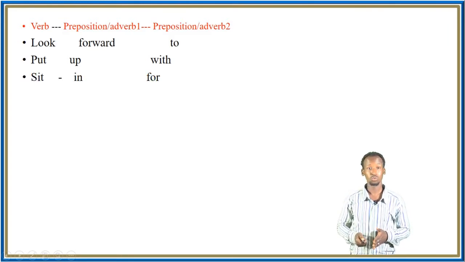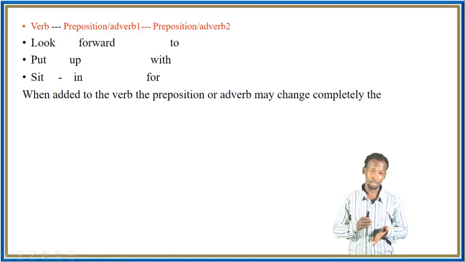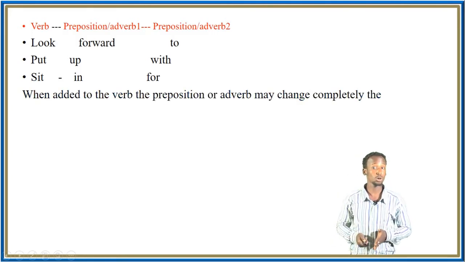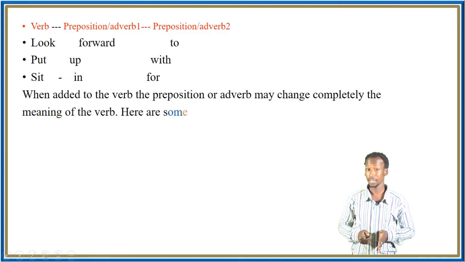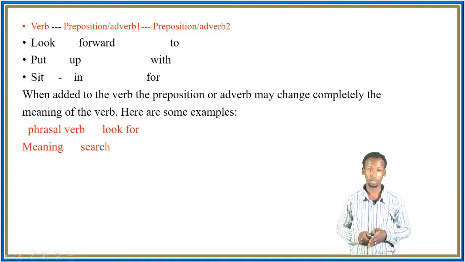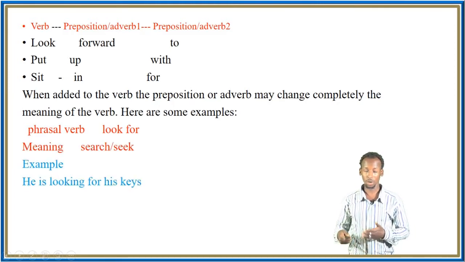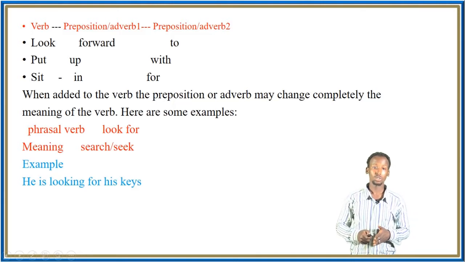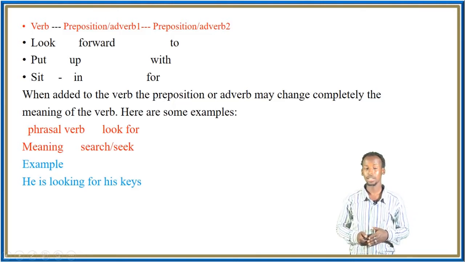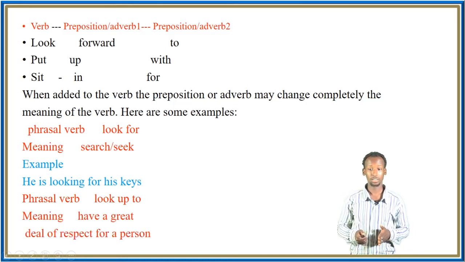Sit in for. When added to a verb, the prepositional adverb may change completely the meaning of the verb. Here are some examples. Phrasal verb, look for, meaning search or seek. Example, he's looking for his keys. Phrasal verb, look up to, meaning have a great deal of respect for a person.